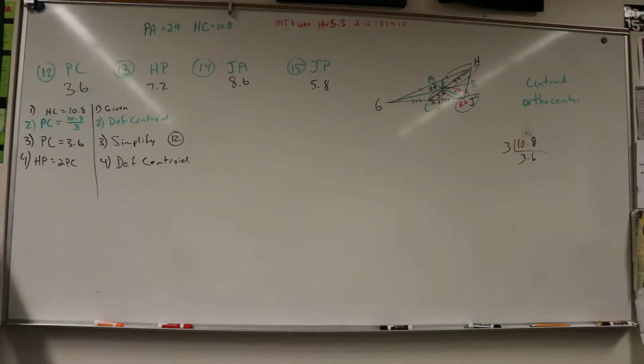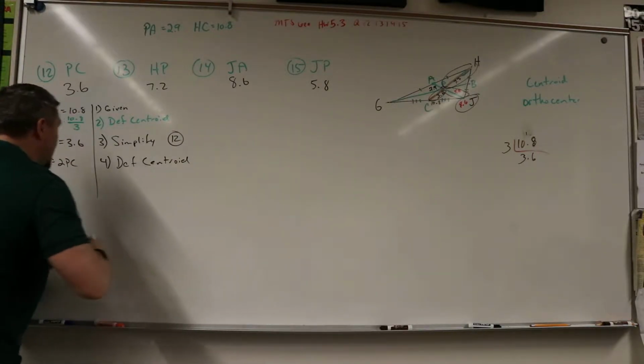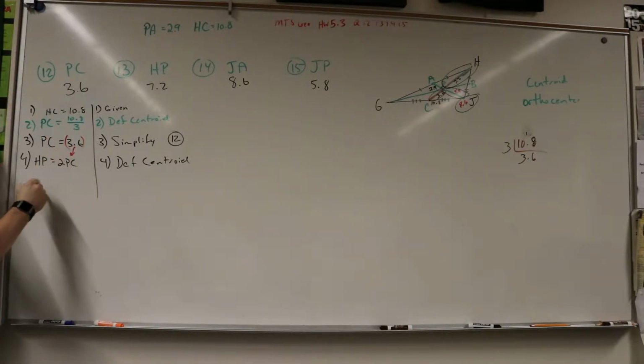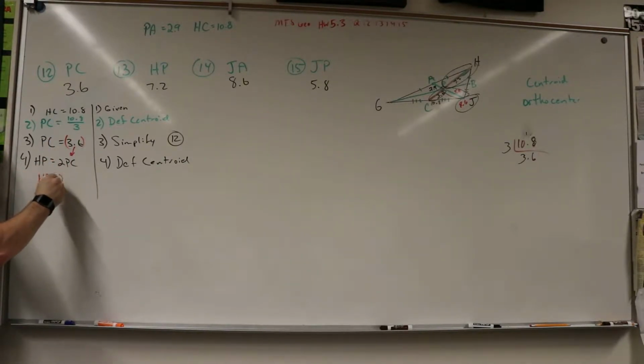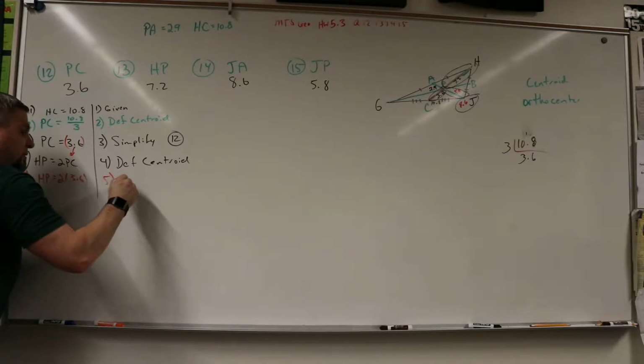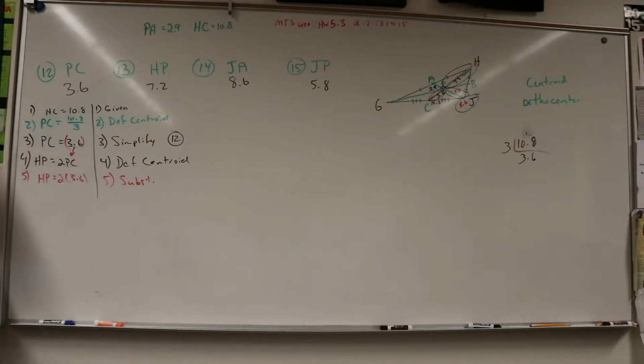Does that make sense? So now what I do is I substitute, right? I plug in something. I'm going to plug in for PC. So HP is equal to 2 times 3.6. And that's called substitution.